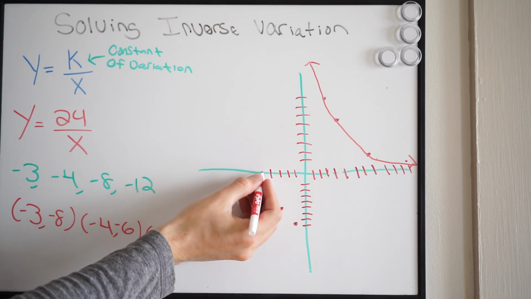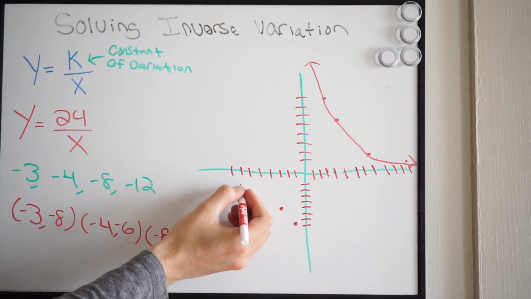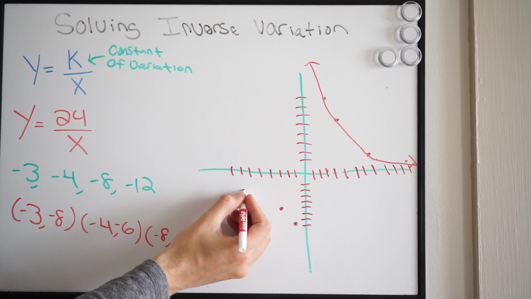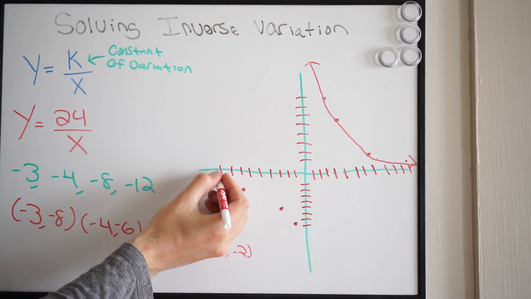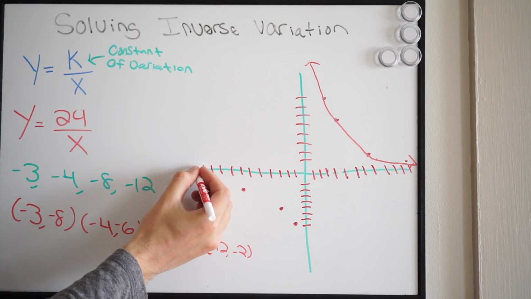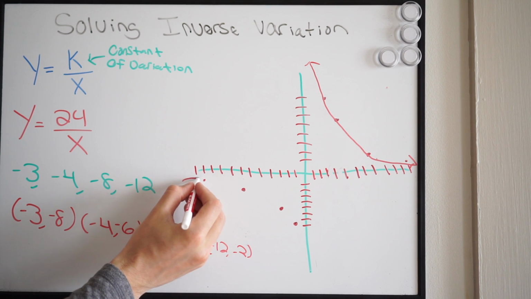Over negative 8, down 3. So 5, 6, 7, 8, down 3. And then over negative 12 and down 2. So 9, 10, 11, 12, and down 2. And we have this side of the graph now.